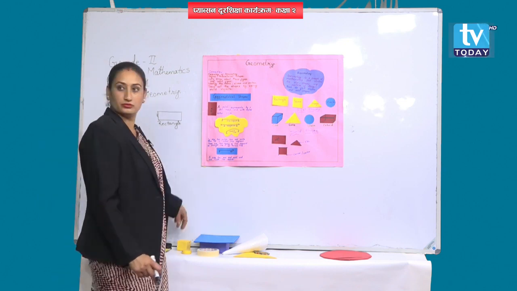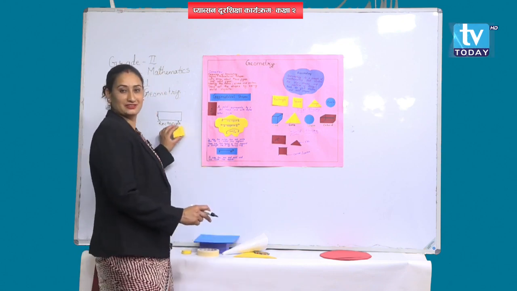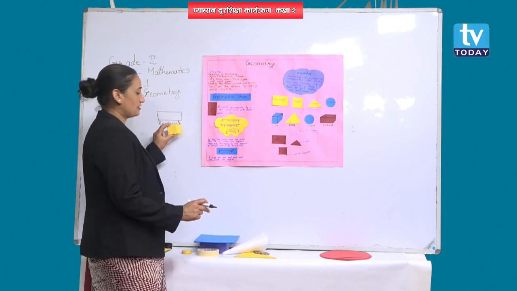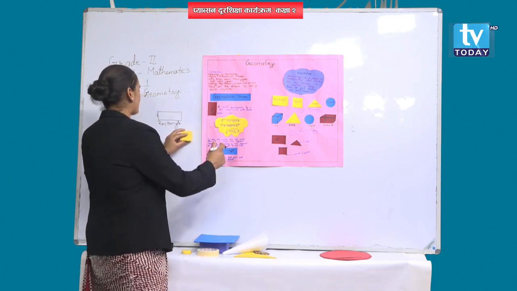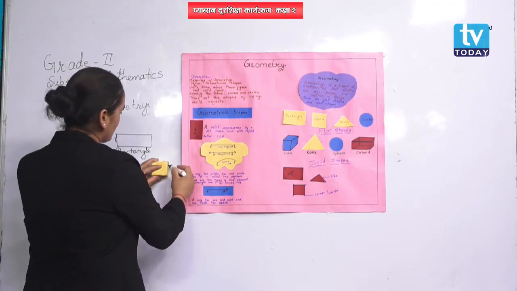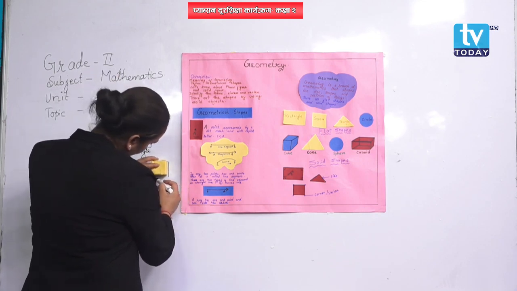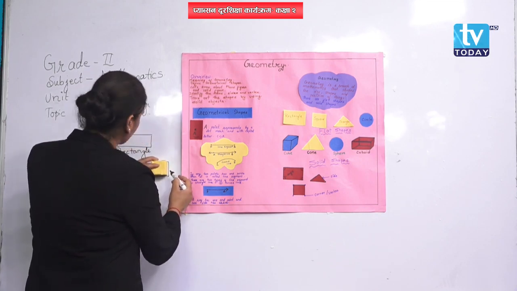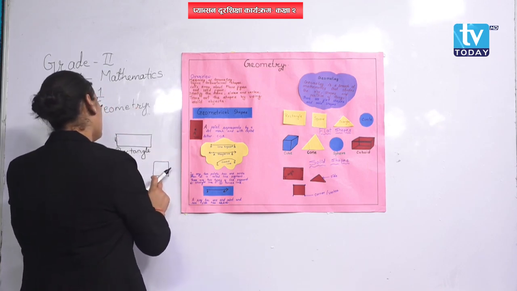Now it's time to draw a square, and this one is the square. See here, this is the square I am using over here. Can you see it? Please do it by yourself.